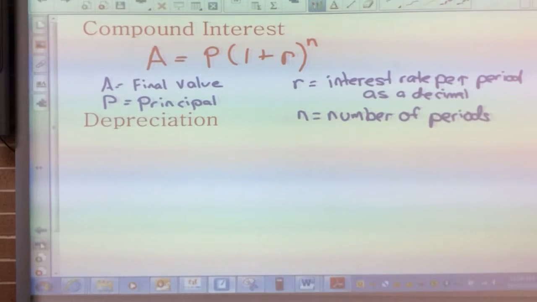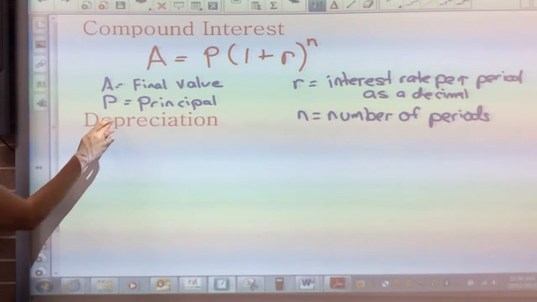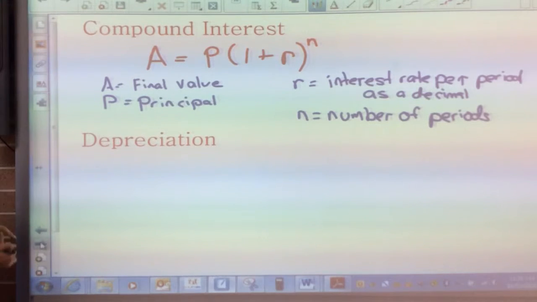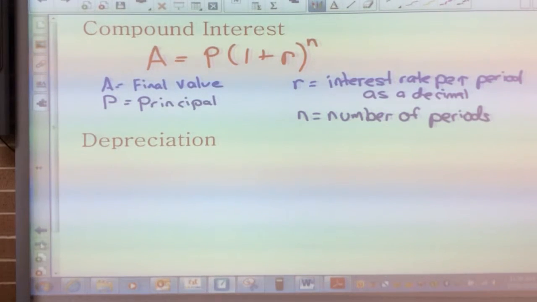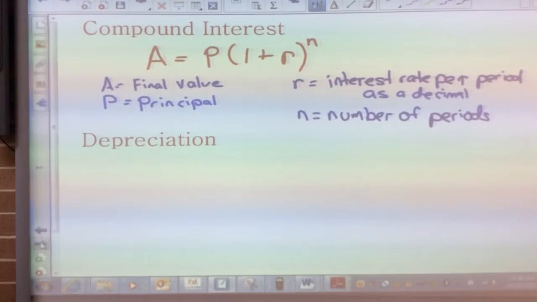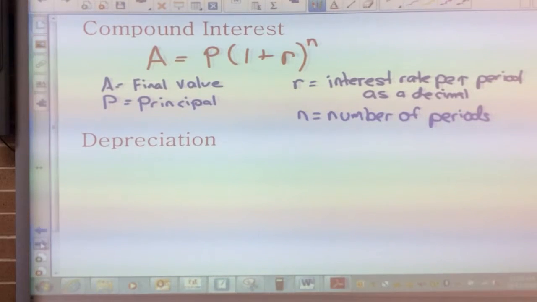Depreciation is where values go down. Okay? So you may have heard it around tax time where people claim the depreciation on particular items. We were looking at tax the other day, you might not be able to claim the full value.